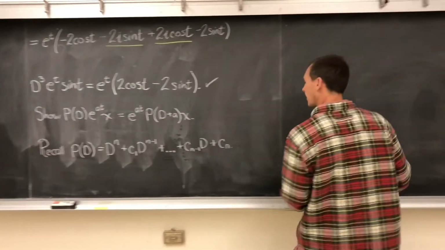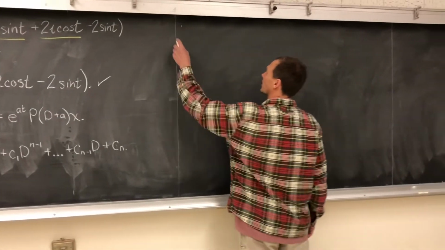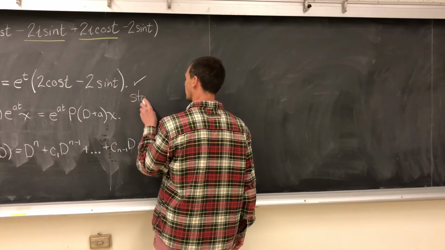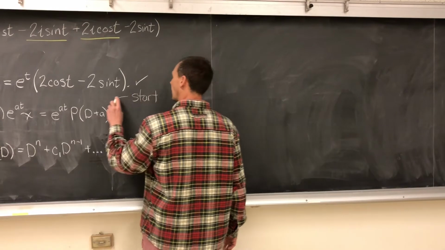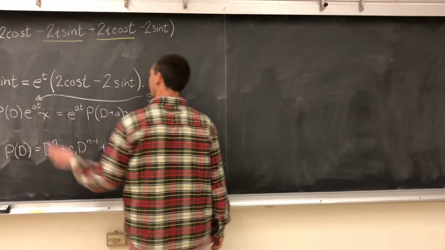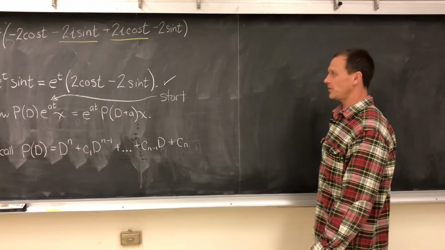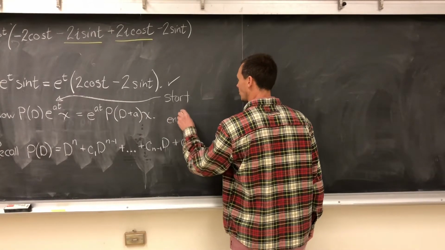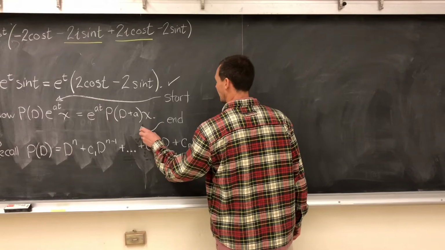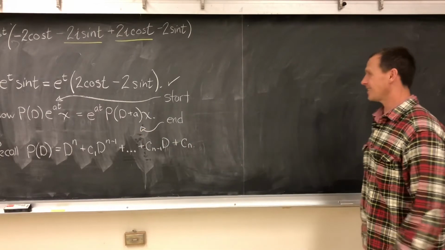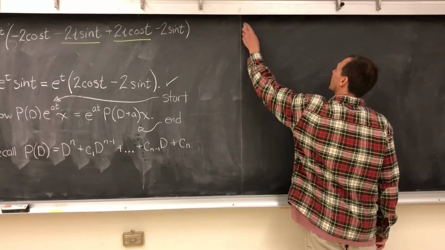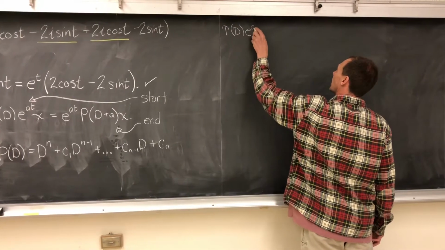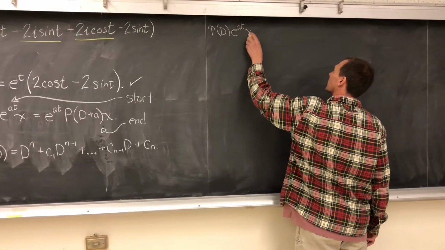Let's try. So here we go. I'm going to start here on the left-hand side of the equation, and then we'll see if we can end. This is our goal, our mission, if we choose to accept it, is to end on the right-hand side. Okay. So I'm going to take P of d, e to the at, x.